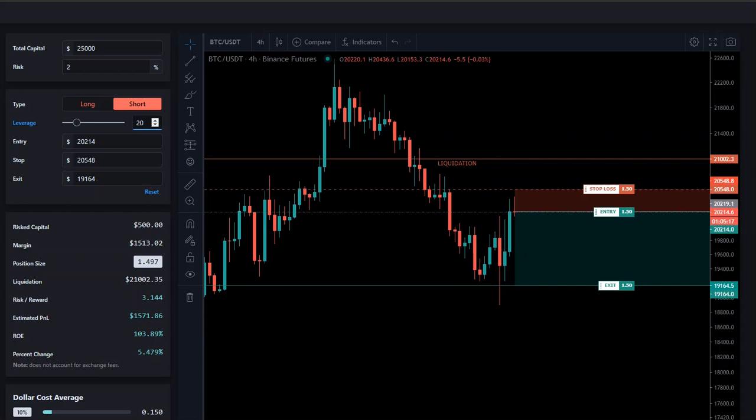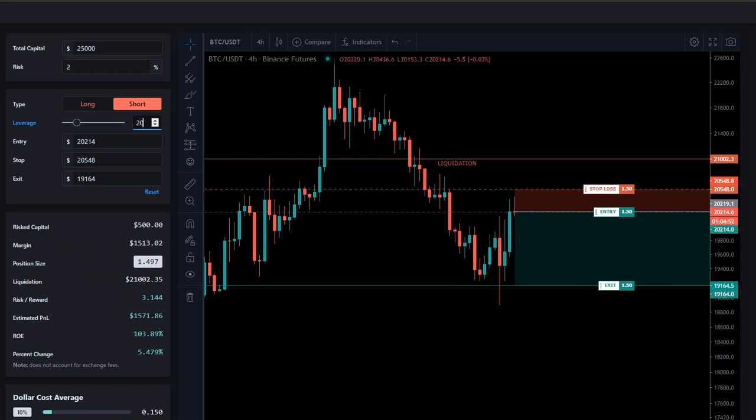So with this information, it calculated your risk amount, which is $500, the margin you need to enter this trade, and the position size. You are allowed to trade almost 1.5 Bitcoins here. The liquidation level is at $21,000, and you can visually see it on the chart.